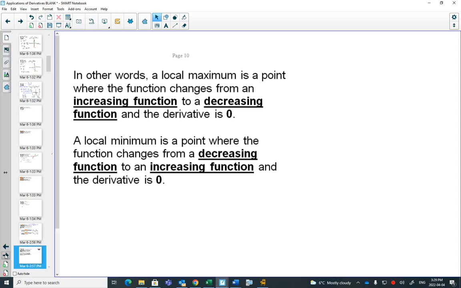So you have a local maximum when it changes from increasing to decreasing. And you have a local minimum when it changes from decreasing to increasing. And the arrow graphs really imply, what do you think? Should that be a maximum point or a minimum point? What do you think? Should that be a minimum point or a maximum point? Well, the arrows mimic the graph, so it's really easy to tell where something's a maximum or a minimum.